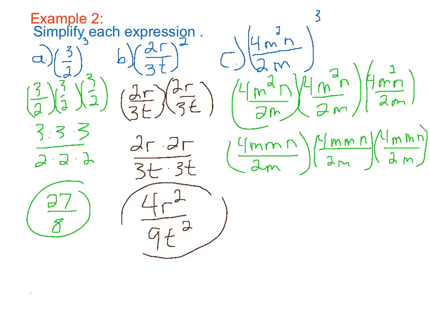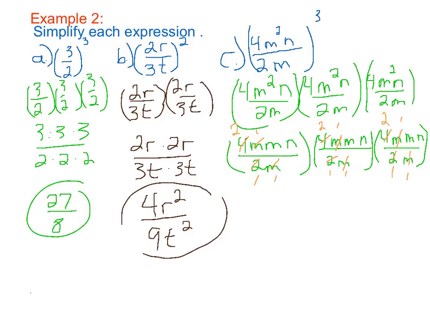And if we simplify each of those inside, well, 4 divided by 2, that simplifies to 2 over 1. m divided by m is 1. Same thing in all of them.